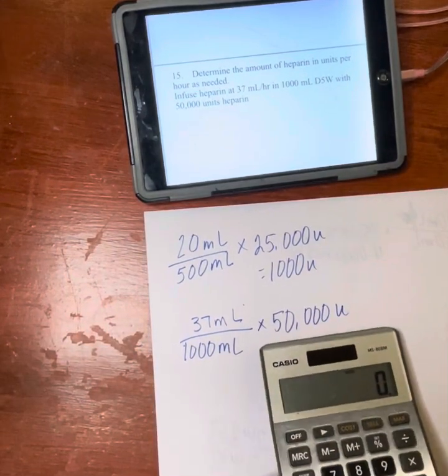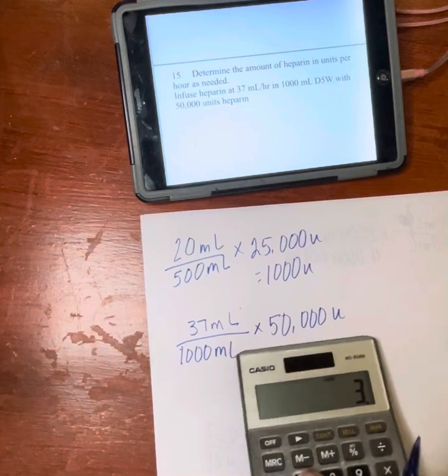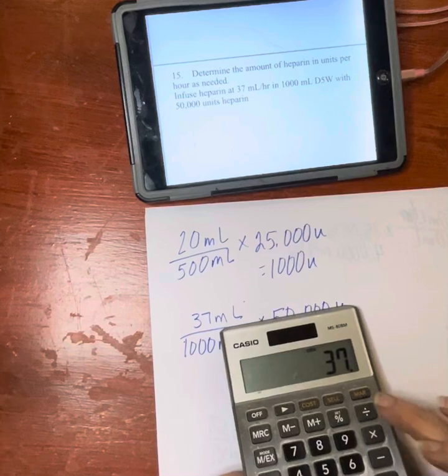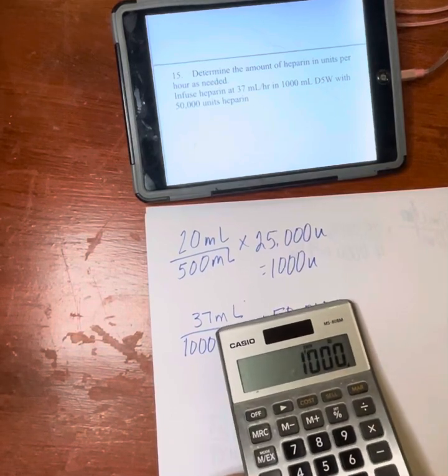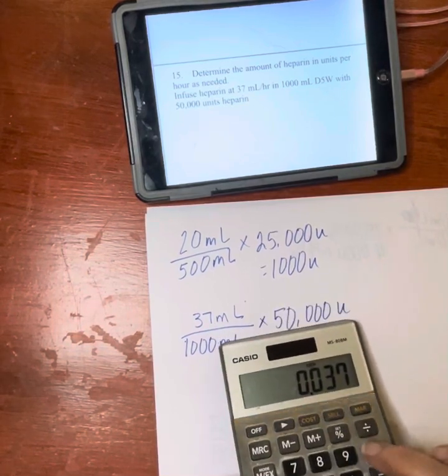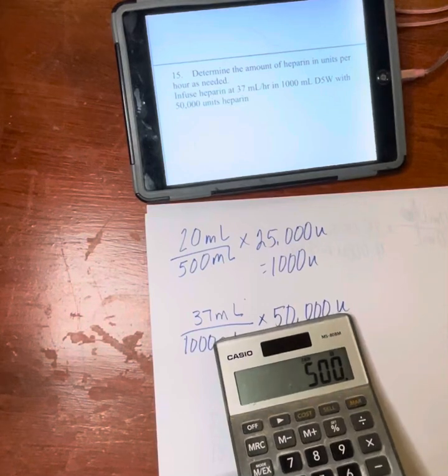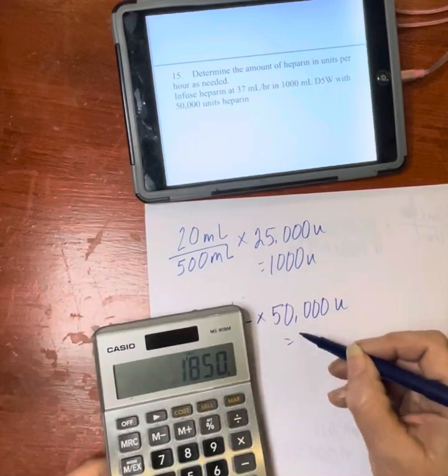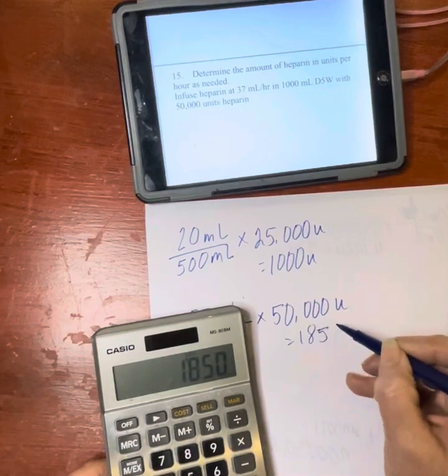Yeah, we got it. We loaded with the units. 37. I hope you can see that. Divided by 1,000 equals times 50,000 equals. Look, 1,850.